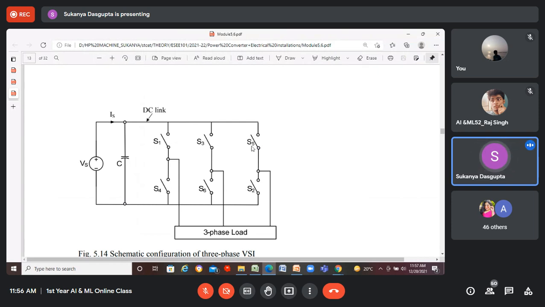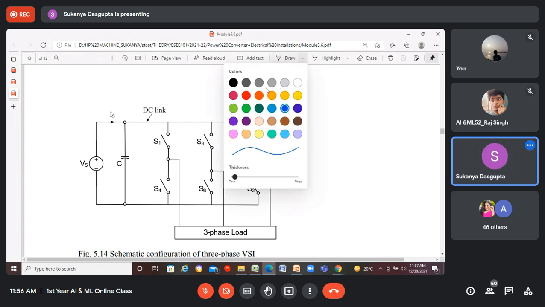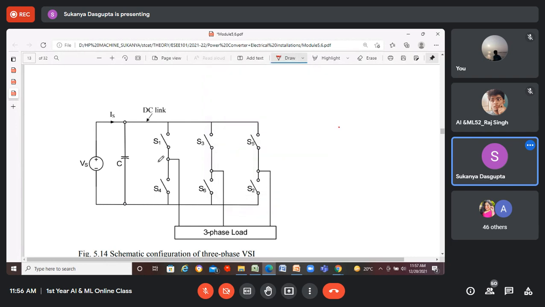S1, S3, S5 are the top switches, and S4, S6, S2 are the bottom switches for the three phases respectively. This is phase A, this is phase B, and this is phase C. And this is the star-connected three-phase load.